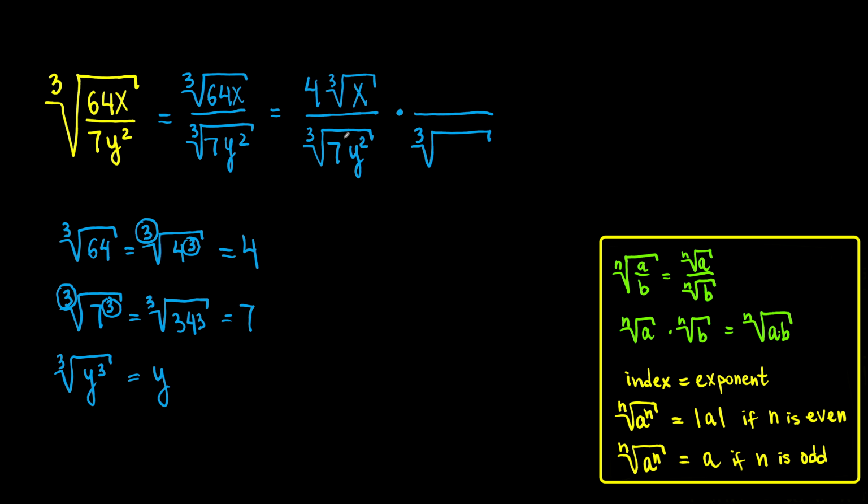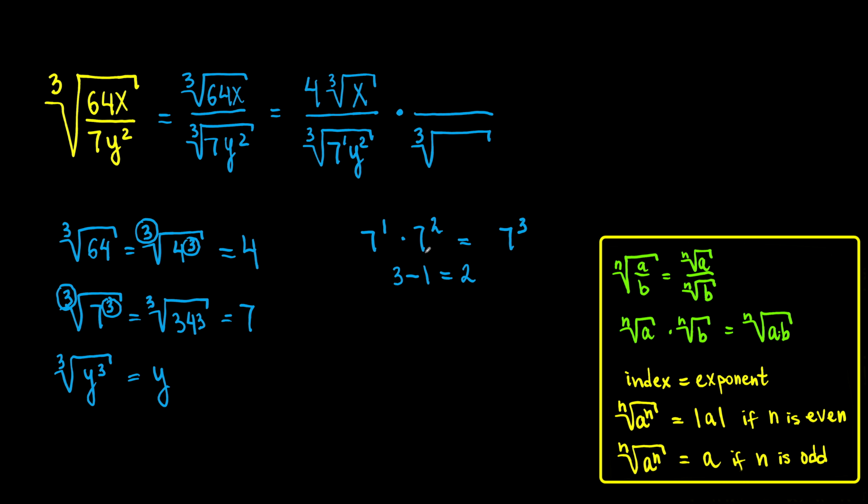We have 7 to the first power. And we need to have 7 to the third power. So we take the exponent 3, subtract 1, which is 2. It means we need to multiply 7 to the first power by 7 to the second power, so we can get 7 to the third power.